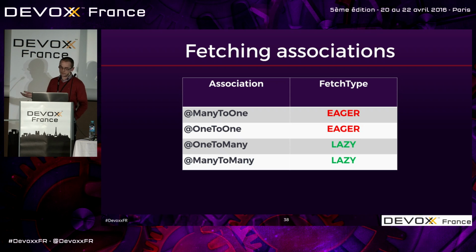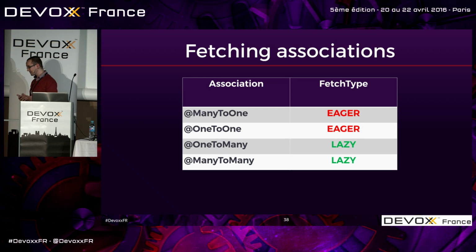Even today it's written in the specification that lazy is a hint and it's not mandatory for a provider to implement it. Although all the providers implement it, because otherwise the solution would perform very badly. So because of this requirement, they decided that the many-to-one and one-to-one should always be fetched eagerly, and only the one-to-many and many-to-many should be fetched lazily.